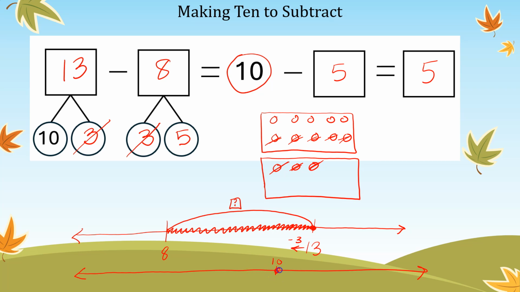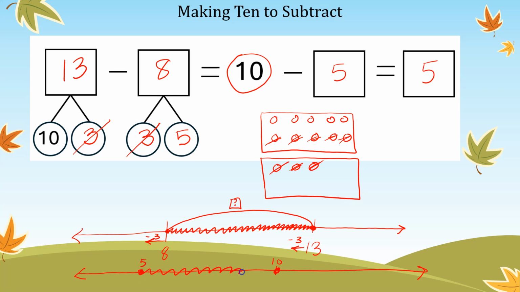And then this end will have to move the same amount back for the distance or the difference to not change. So this is actually going to go 3 units back as well. So that's going to end up right here at 5. So there we go.